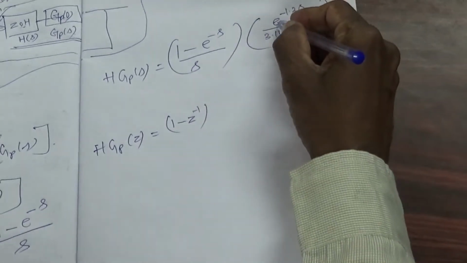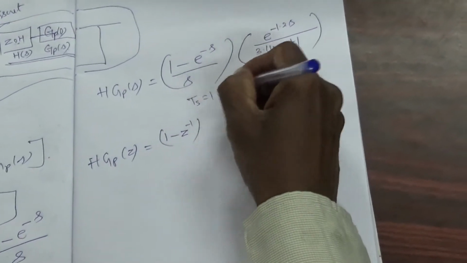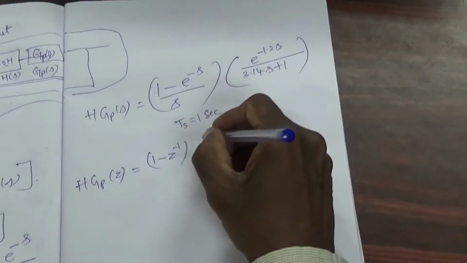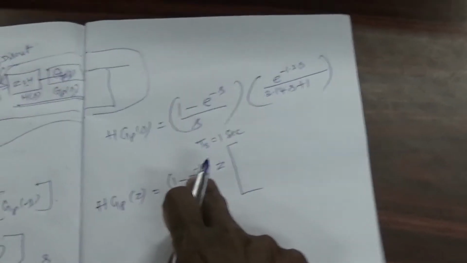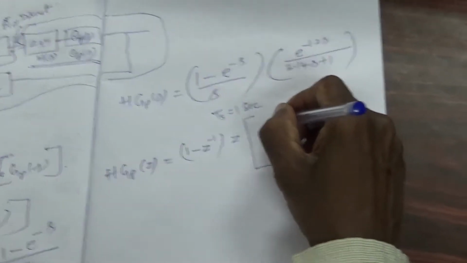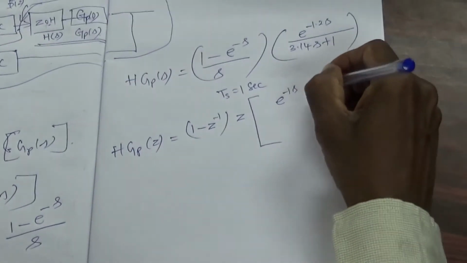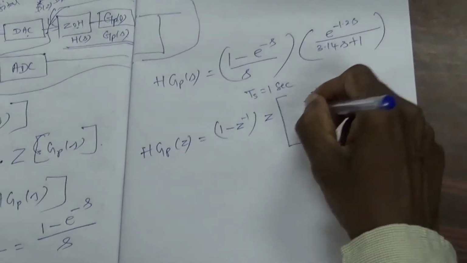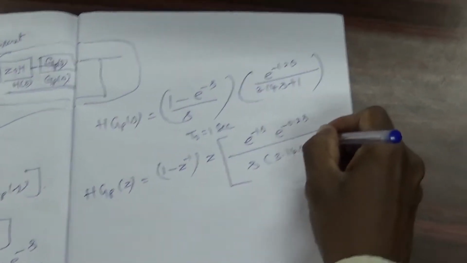Then for this e power minus 1, let us assume that the sampling period equals 1 second. Therefore it can be written as the Z transform of, this can be taken outside, 1 by z power minus 1, the Z transform of e power minus 1 s, 1 sampling period, e power minus 0.2 s upon s multiplied by 3.14 s plus 1.